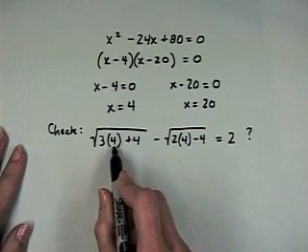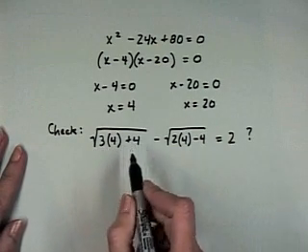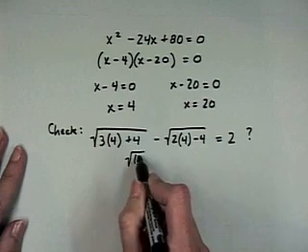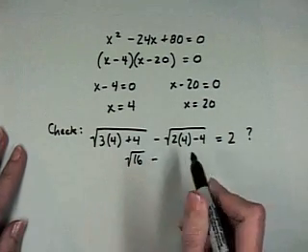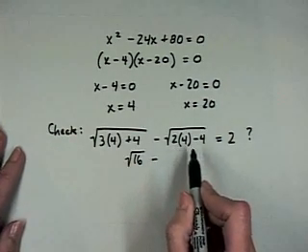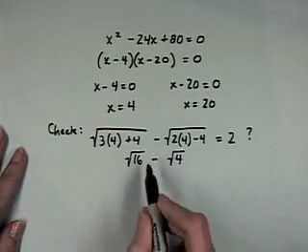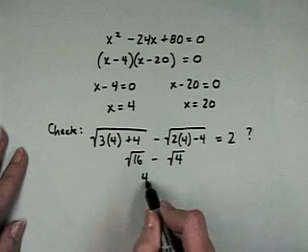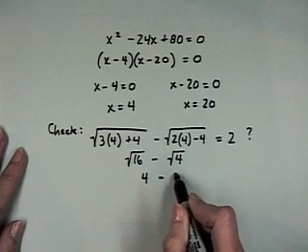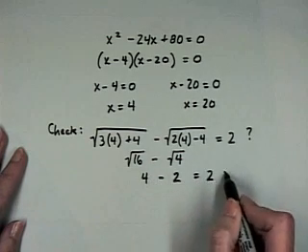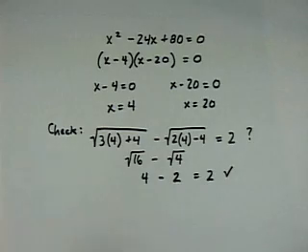We have 3 times 4 is 12, plus 4 is 16. So the first term ends up being the square root of 16. Minus 2 times 4 is 8. 8 minus 4 is 4. So that's the square root of 4. Now, square root of 16 is 4. Minus square root of 4 is 2. And this solution does check. We also, however, need to take our second solution and check it in the equation also.